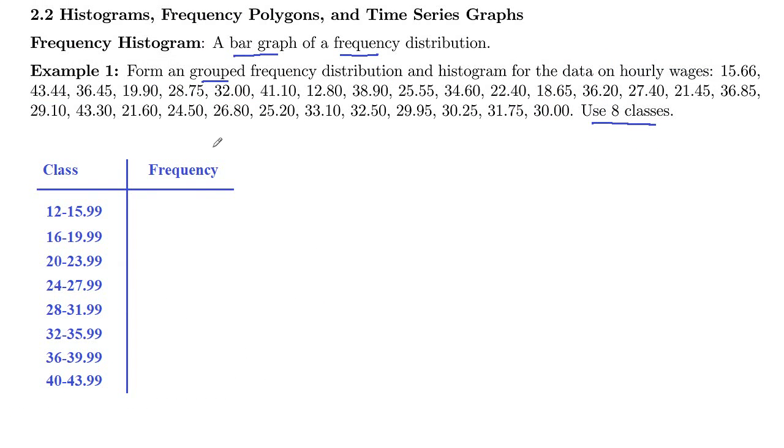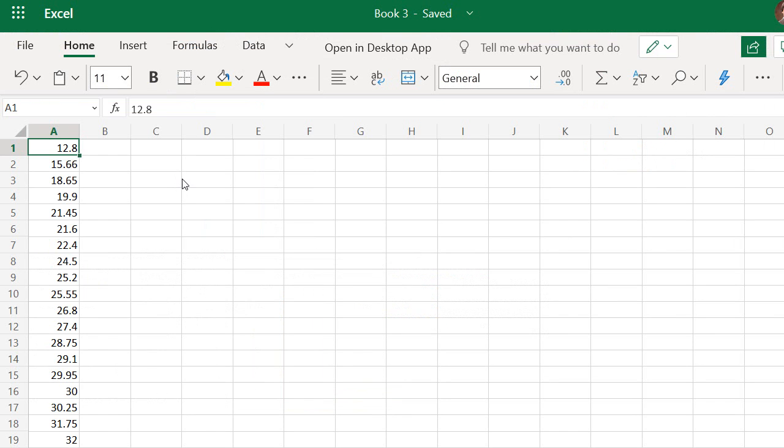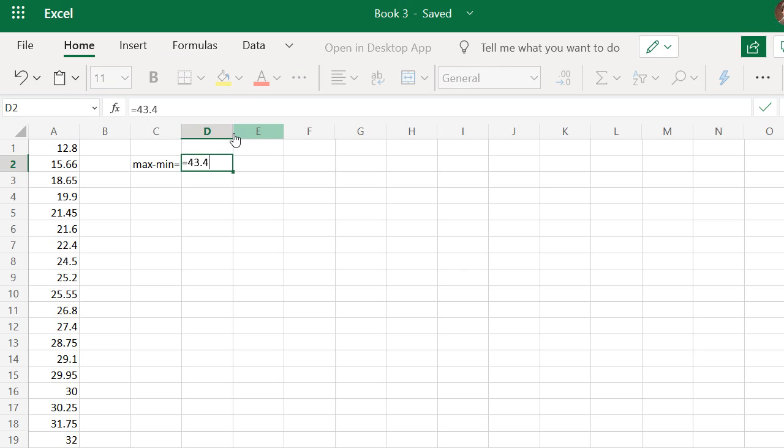Now I want to show you how I got my classes, my 8 groups, and then we'll look at how to do the frequencies. For the classes, I did max minus min, which is 43.44 minus 12.8, that's $30.64, and then I'm going to divide that by 8.